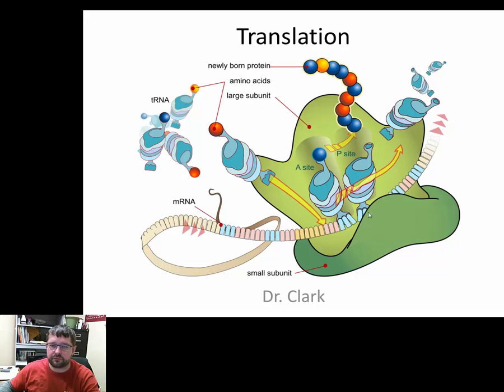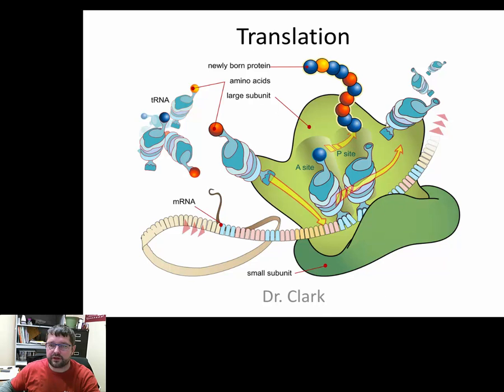Okay, and the peptide bond will be formed. That's what the P site stands for. The P stands for peptide. The A site stands for acceptor, so it accepts a new transfer RNA. And this is showing you a prokaryotic ribosome, because there's no E site.